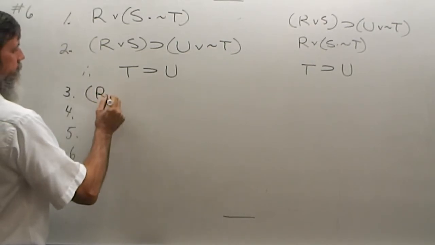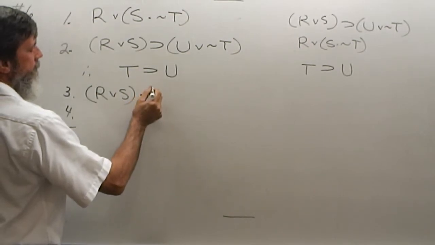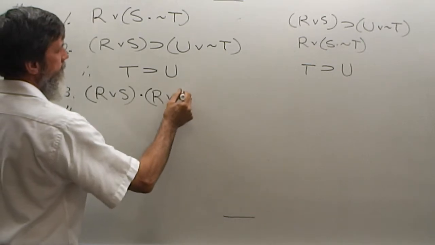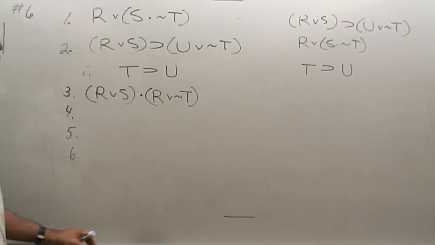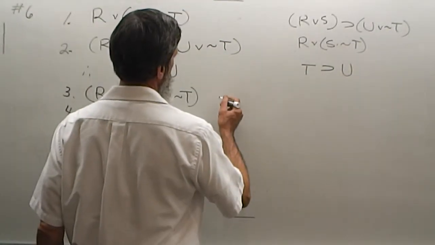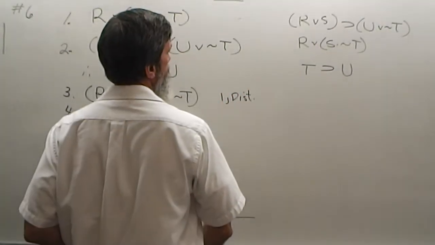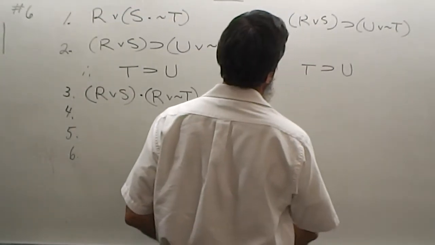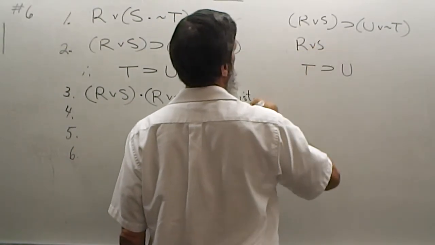R, parentheses, R wedge S, conjunction, parentheses, R wedge, sorry, the negation of T. Let's go ahead and replace it over here. Stop. Look at that.